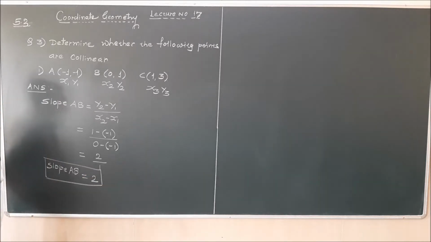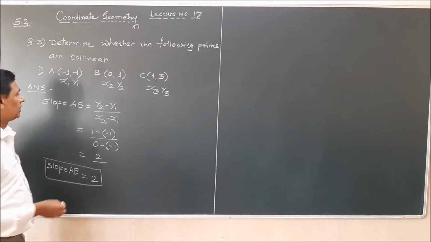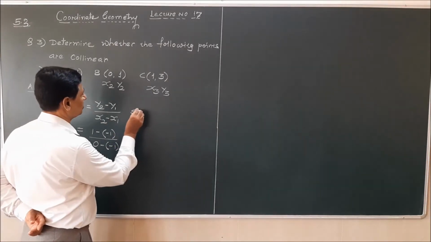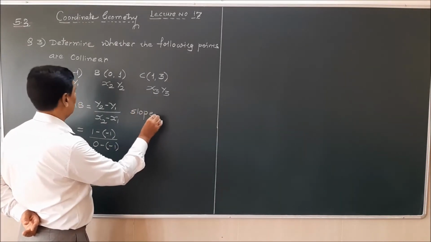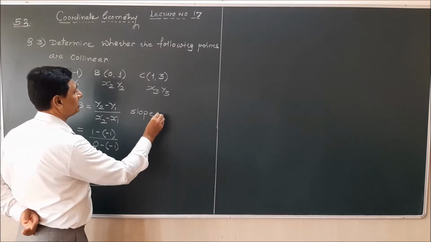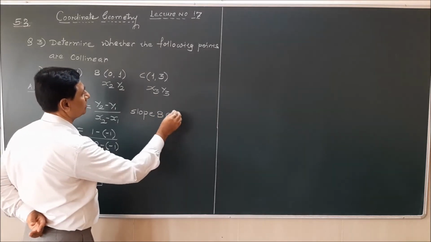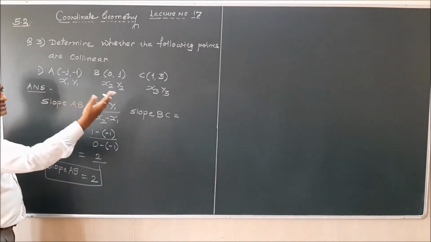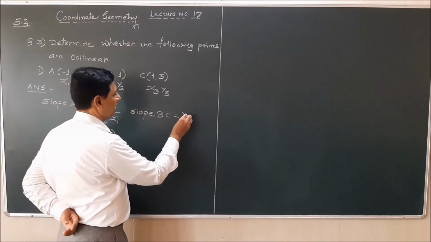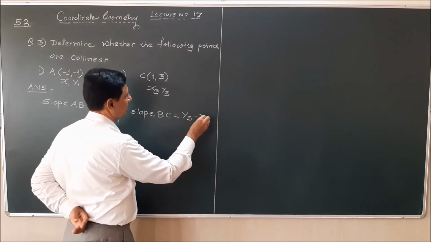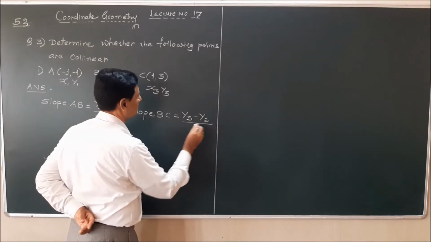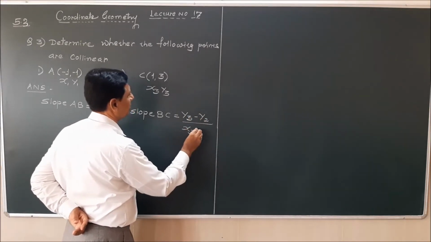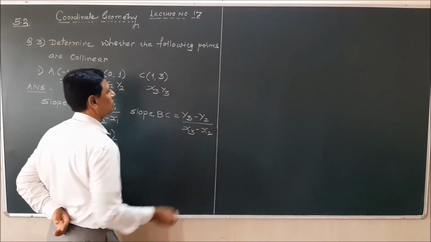Now let's find out slope of BC. Slope of BC is equal to y3 minus y2 upon x3 minus x2. As here we wrote y2 minus y1, simply we now have to write y3 minus y2.